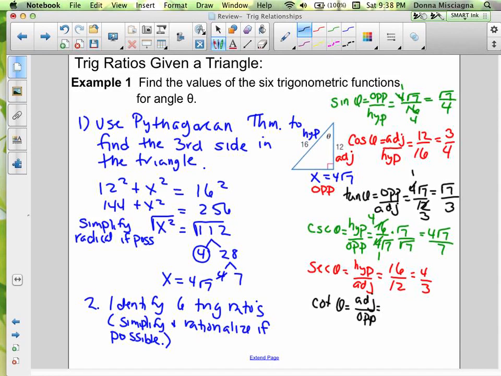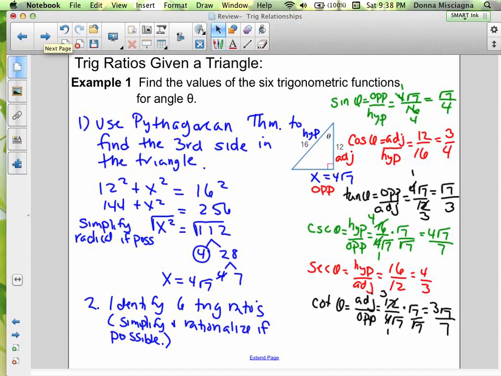The adjacent side is 12. The opposite is 4 square roots of 7. We're going to have to reduce and rationalize. So the 12 and the 4 will reduce to 1 and 3. So we have 3 square roots of 7 divided by 7. And there we go. We've identified our 6 trig ratios.